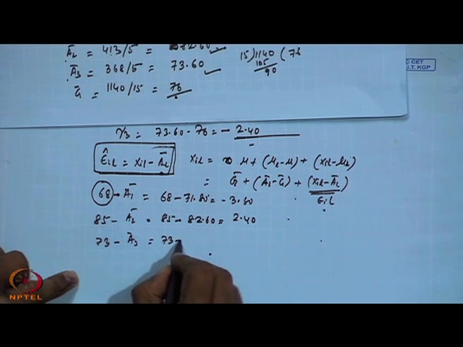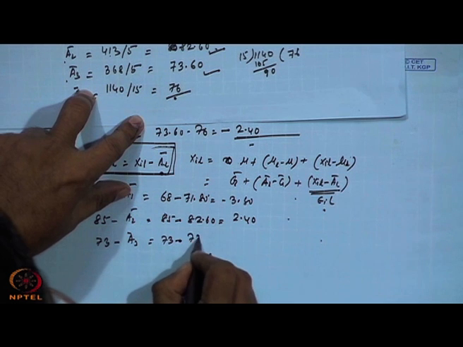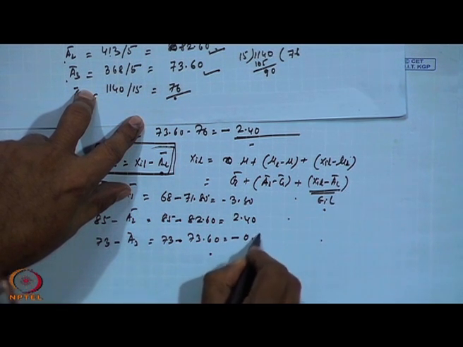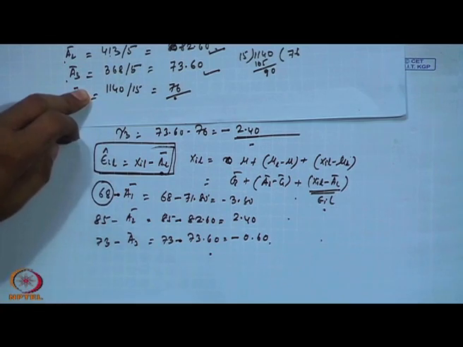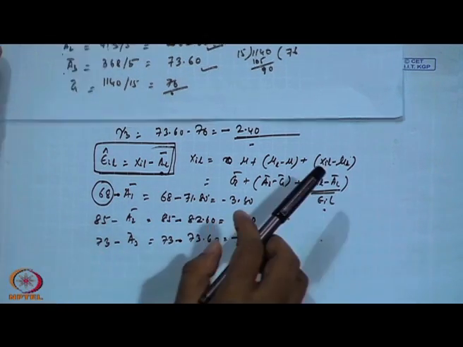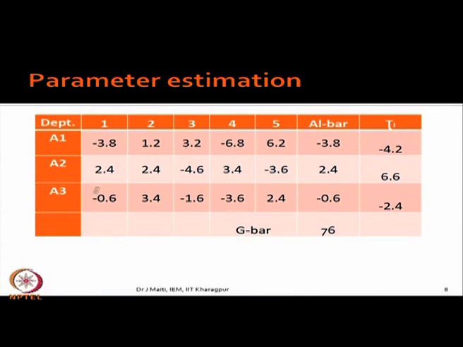Then 73 minus 73.60, this is minus 0.60. So for each of the observations you have the errors in one table. You have computed A1 bar, A2 bar, A3 bar. You subtract A1 bar from each cell across A1, similarly A2 bar from the A2 cells and A3 bar from the A3 cells. Whatever you get is the error quantity.